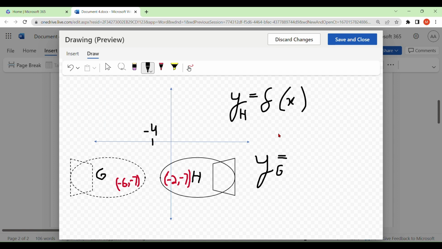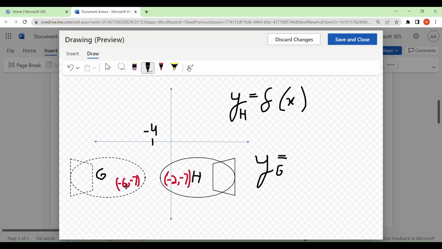Let's move on to this example where the question asks us to state the transformation again and the new equation. So yH, the non-dotted line, is transformed to yG, which is the dotted line.